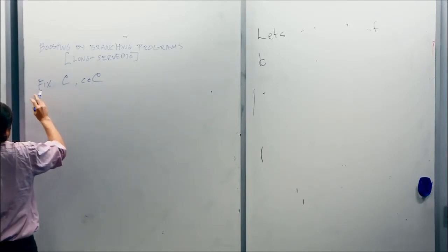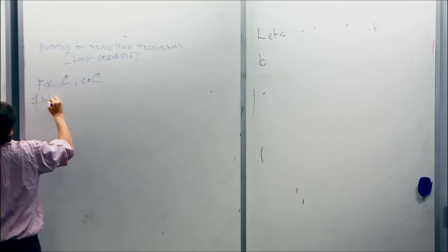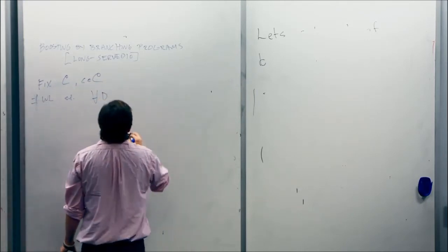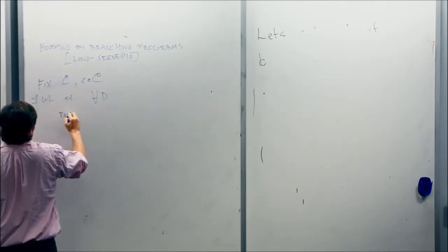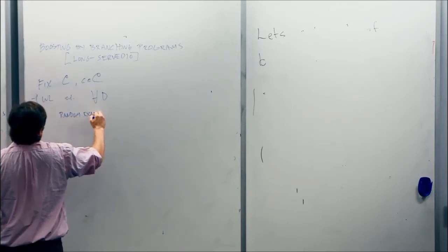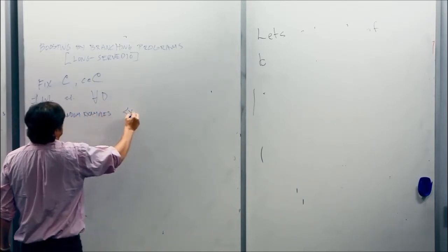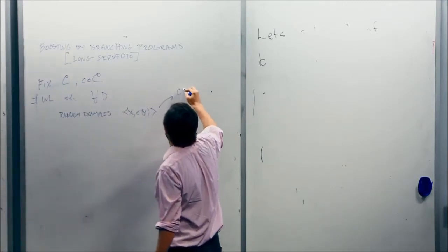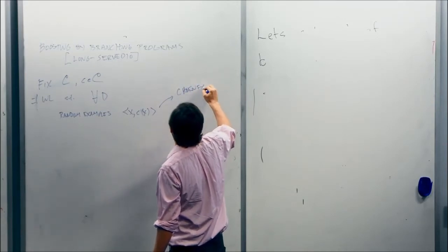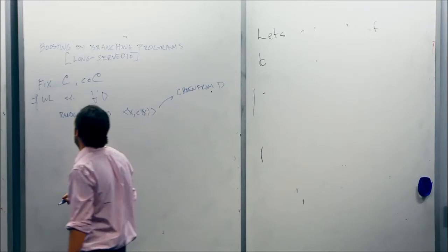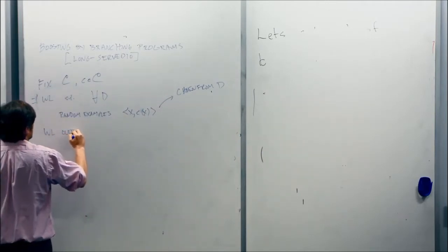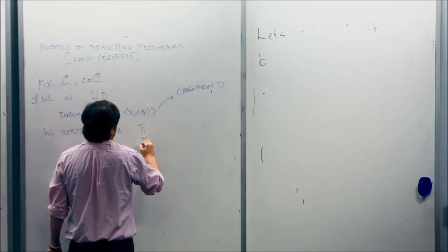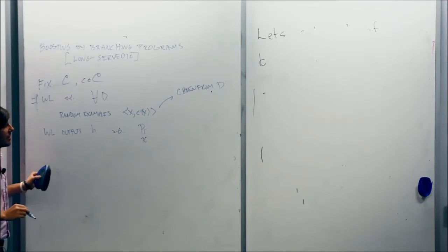Then we'll assume that there exists a weak learner such that for every distribution D, given random examples x, c of x, chosen according to D, the weak learner outputs h such that the probability over x. Now I'm going to make a slightly stronger weak learning assumption.